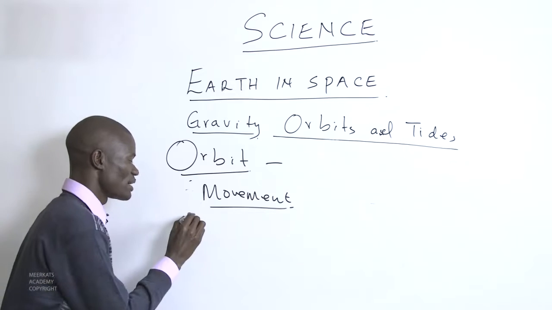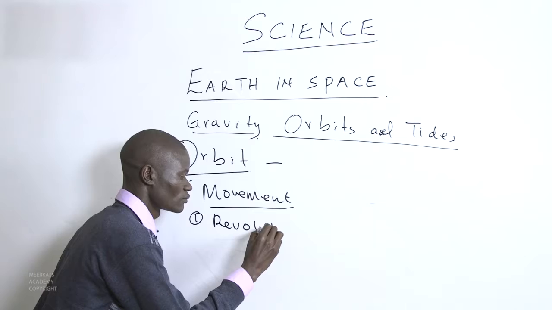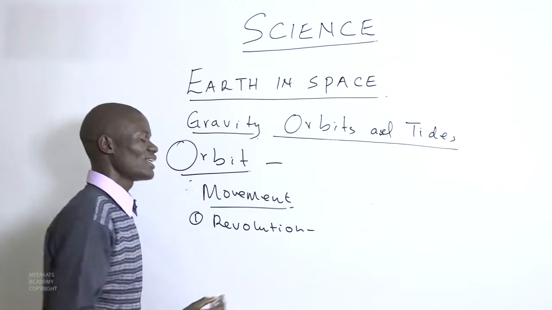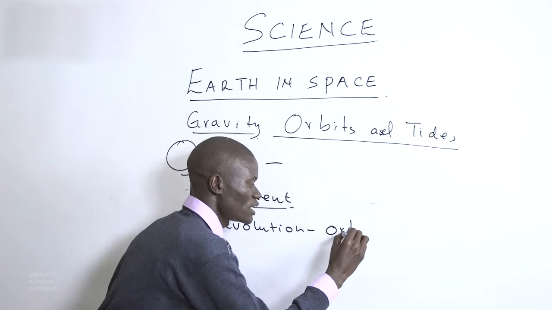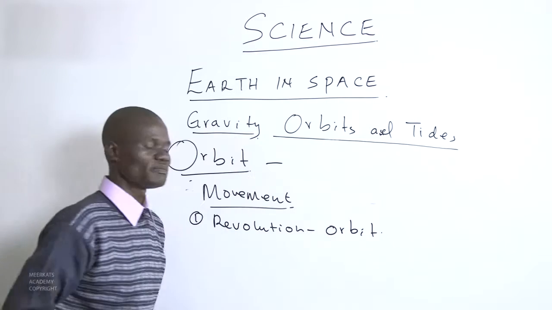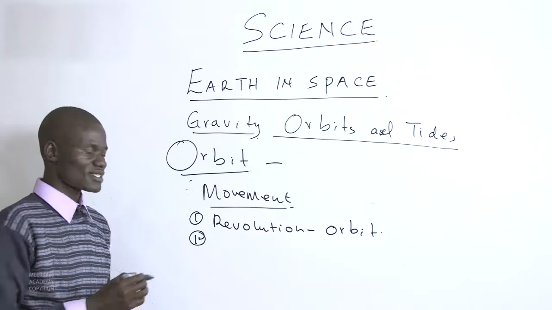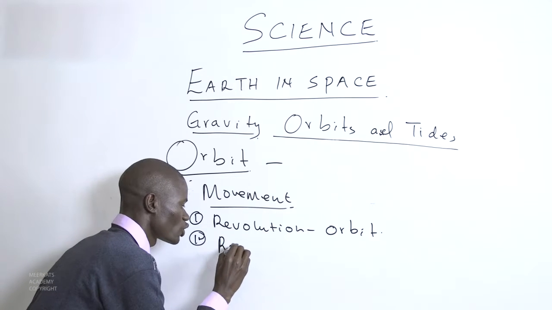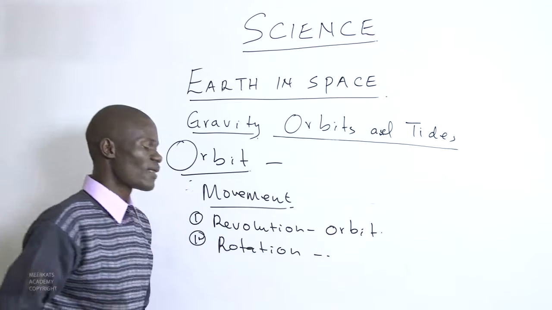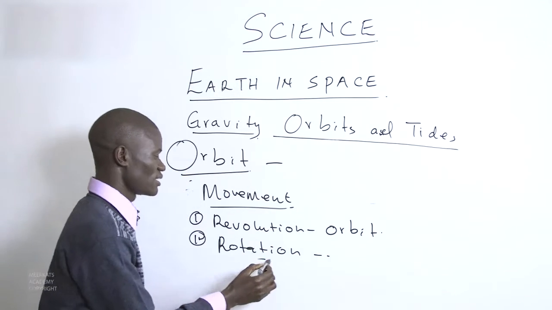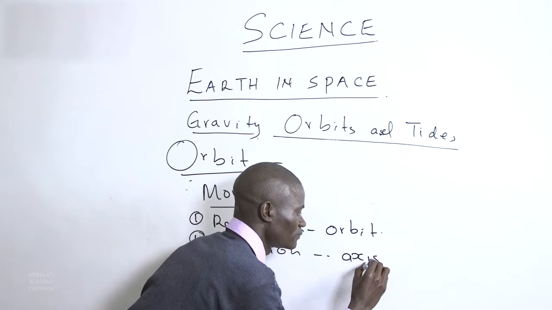As the Earth revolves around the sun, it follows the path that is known as the orbit. The next movement the Earth makes is what we call rotation. It rotates on its own axis.